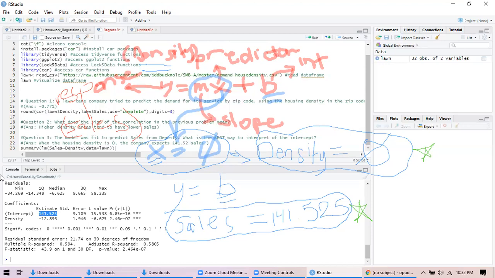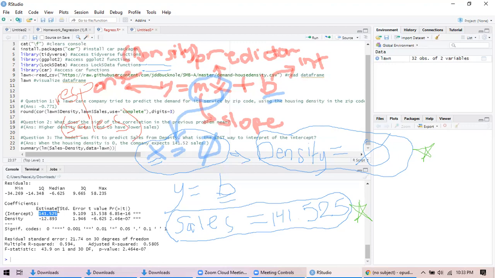What is the physical meaning of x? The x is the predictor. But for our data frame, what is our predictor? Our predictor here is the density, and the response is the sales.